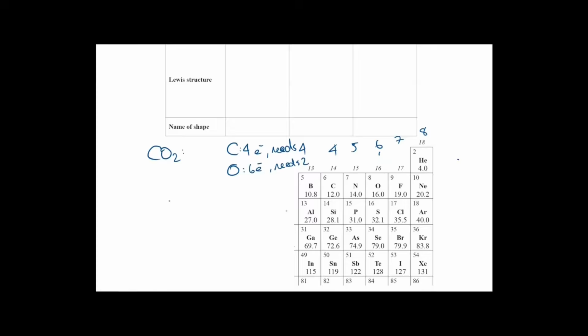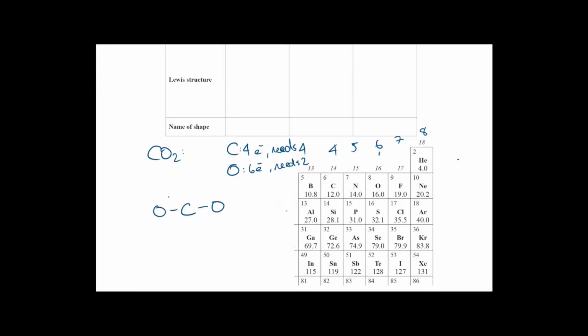So what have we got? The carbon is going to be in the middle, and let's have the 2 oxygens to one side, and we'll give them 1 bond for now. That's the minimum shape carbon dioxide would have.